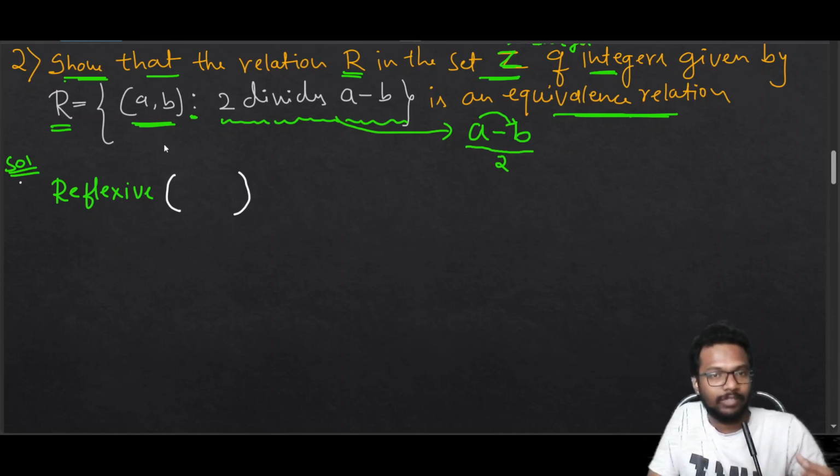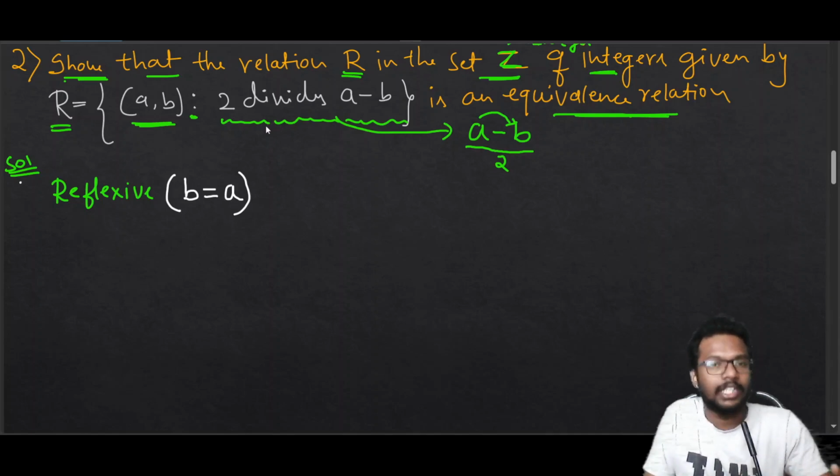If that relation exists in R, then we call R a reflexive relation. So here I am changing b to a, because I have to check whether the given relation holds for an element related to itself. So b equals a. After changing b to a, if the relation is satisfied, then R is definitely a reflexive relation.